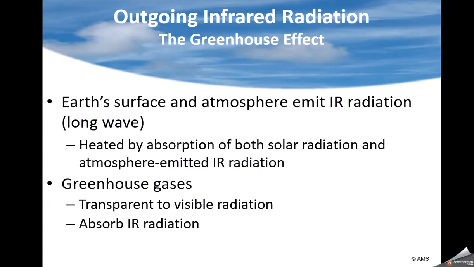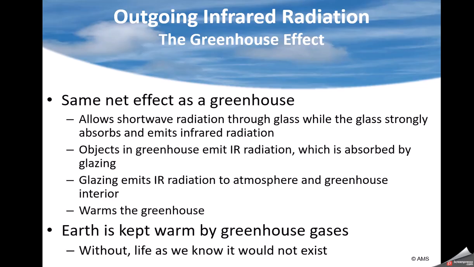So when you have a greenhouse gas, the atmosphere absorbs the infrared radiation and sends it back, keeps the Earth warmer. So it's kind of like a greenhouse in effect, where it would let in the ultraviolet, but it doesn't let out the infrared.